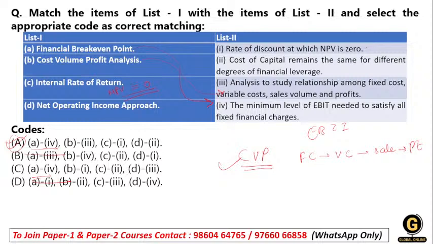Even if you change your debt ratio or equity ratio, the cost of capital remains the same. So you can match with your second one. So yes, option number 1 will be the right answer.